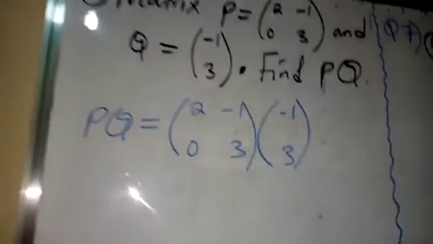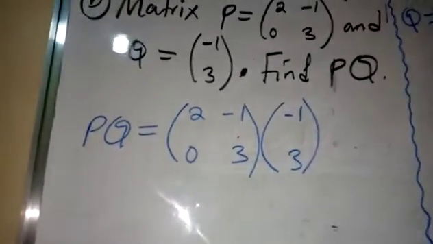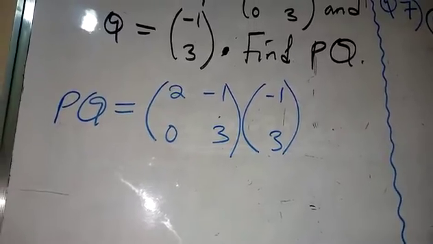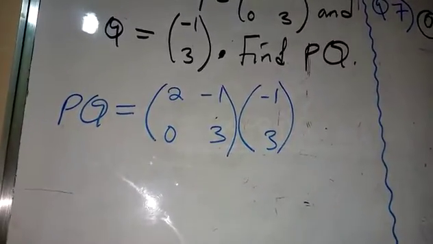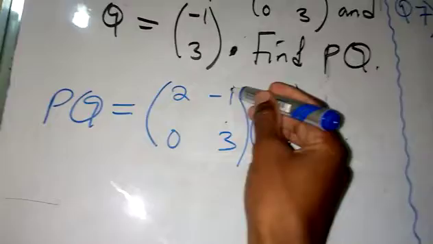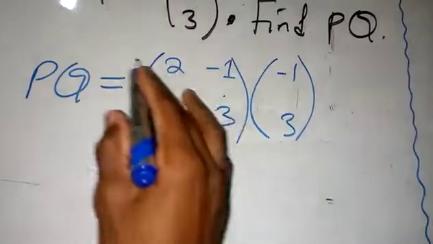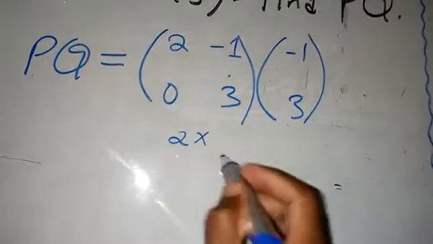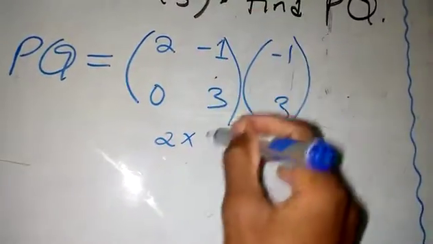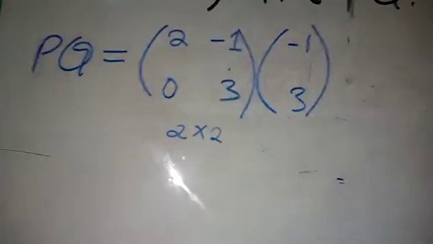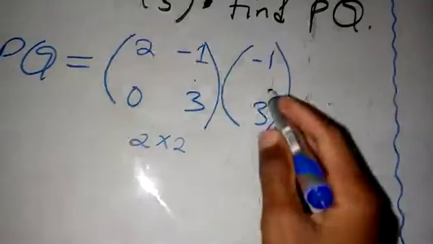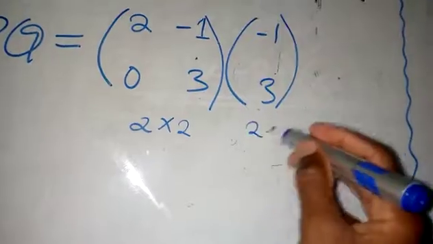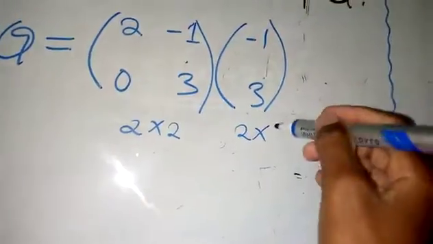When you are multiplying matrices, the first thing that you do is to state the order. So you first state the order of the two matrices. The first matrix is a 2 by 2 matrix. Then the second matrix has 2 rows by column 1, so it is 2 by 1.